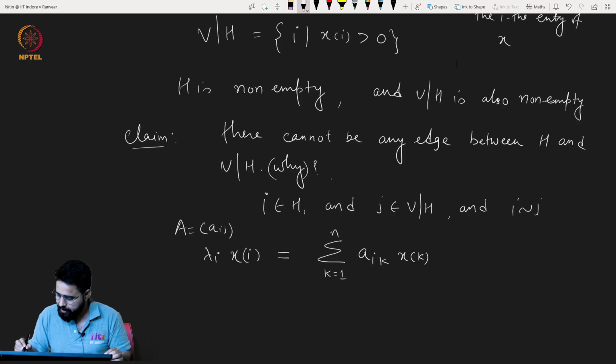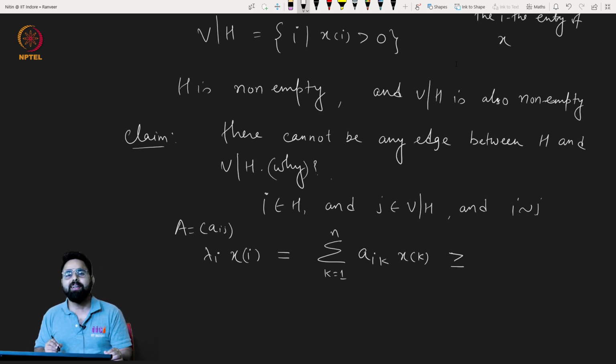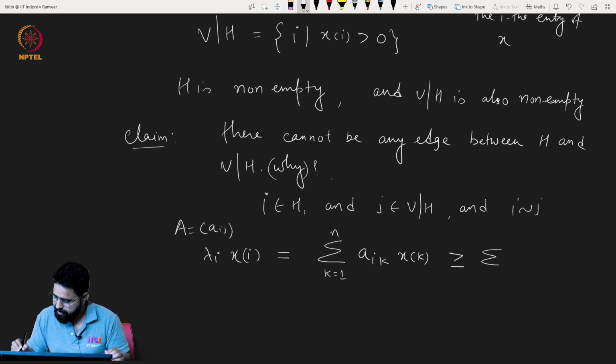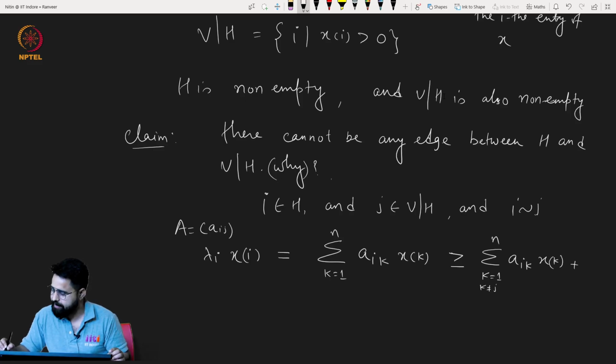So this quantity is equal to the summation over k equals 1 to n of Aik xk, where k is not equal to j, and then you add Aij xj. It is the same thing, broken into two parts, right?